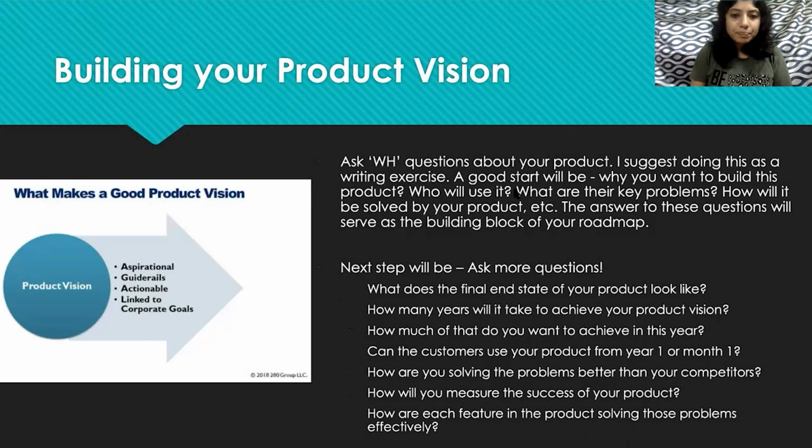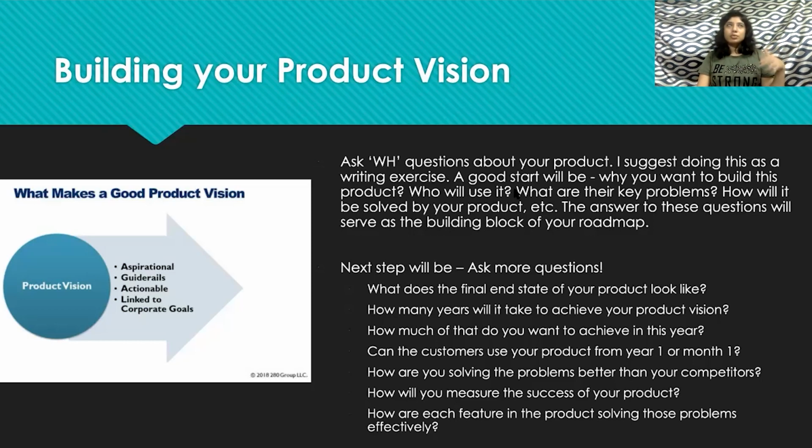Say, for example, why you want to build this product, who is going to be using it, how will it solve the problem, how are you going to do it better than your competitors, do you want to make it available immediately this year to your customers, or do you want to do it like 2 years down the line. So keep on thinking of all the possible questions you can ask the product using the WH questions like who, what, how, why, when, where. These are all the WH questions.